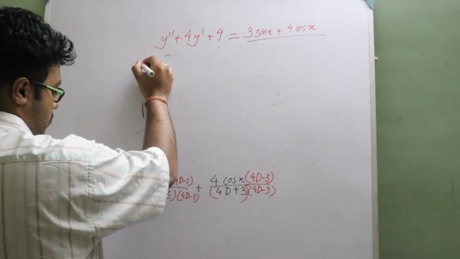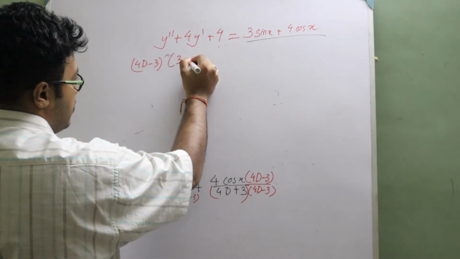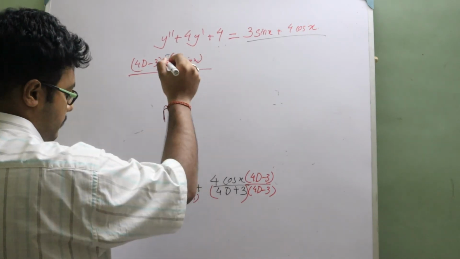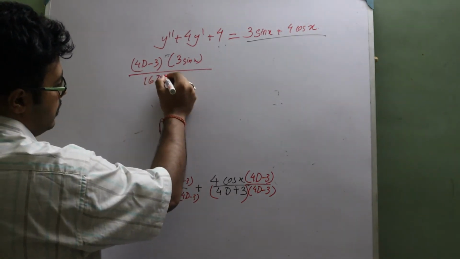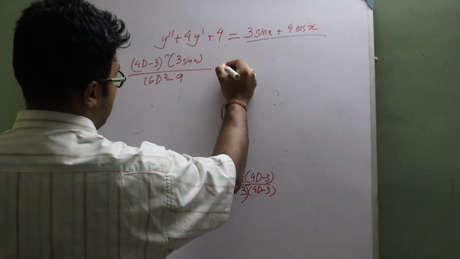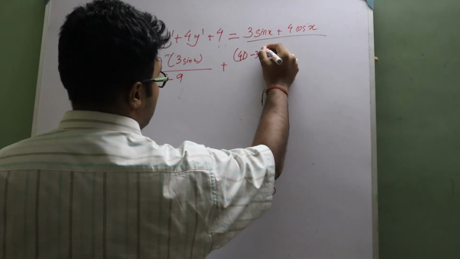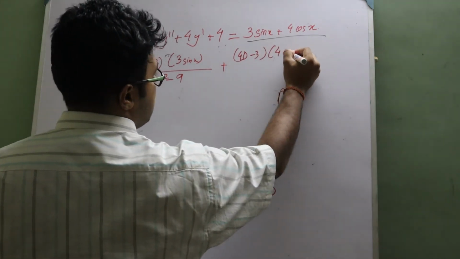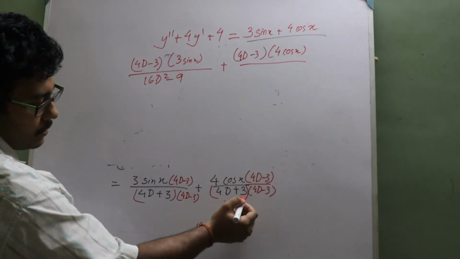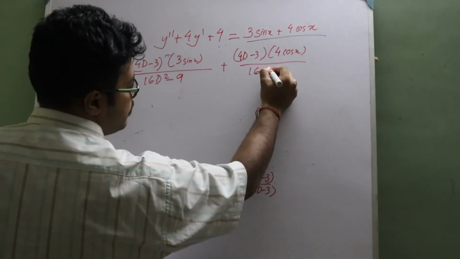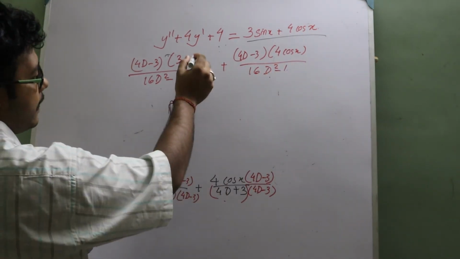So, 4D minus 3 into 3 sin x by 16D square minus 9, plus 4D plus 3 into 4 cos x by, see, this is also 16D square minus 9. Again D square, so we will put the value of minus 1.